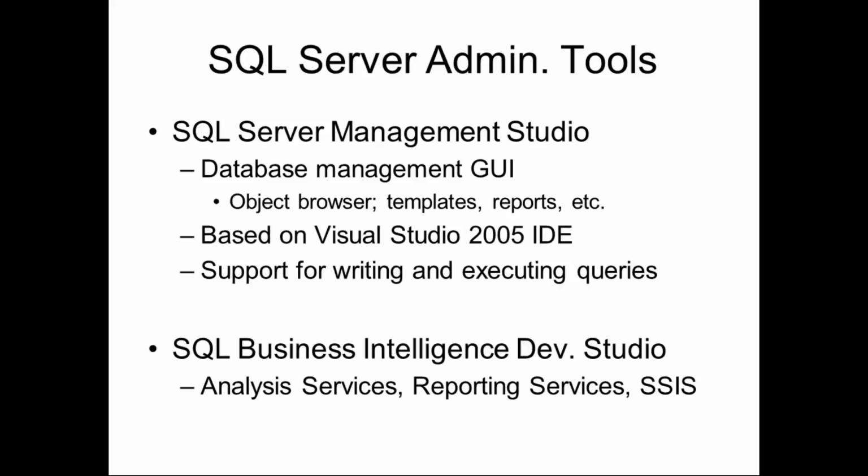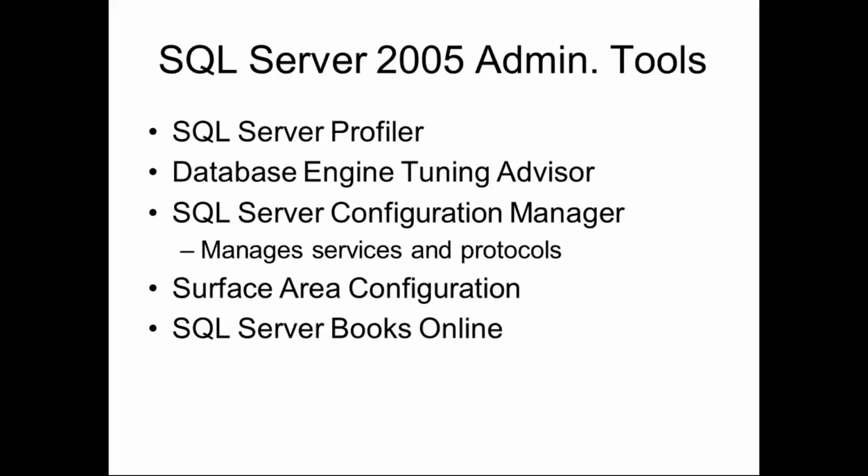We can also use command-based tools to manage the databases, like backing up databases and creating logins. There are other business intelligence development tools like Analysis, Reporting, and Integration Services, as we spoke about earlier. Some additional admin tools for DBA activities: the Profiler, used for performance tuning when there is any performance bottleneck, to trace blocking issues and so on. The Tuning Advisor tunes the database engine.